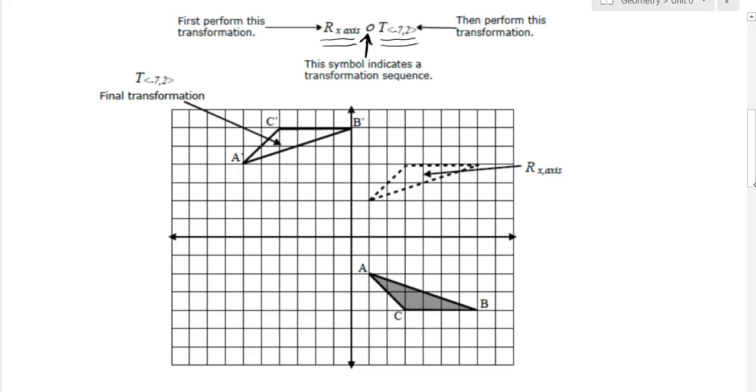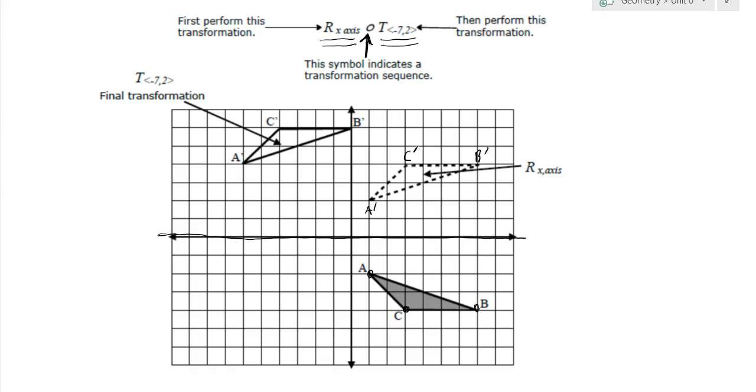So we have our original figure down here, A, B, C. We're reflecting it over the x-axis here. So usually this goes then to A prime, B prime, C prime. That's the first of the 2 transformations.